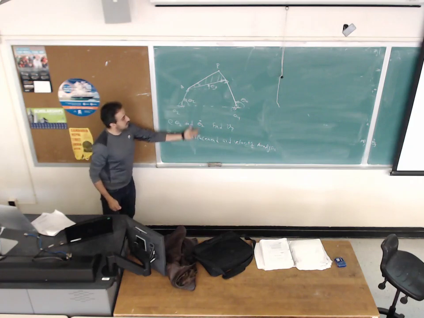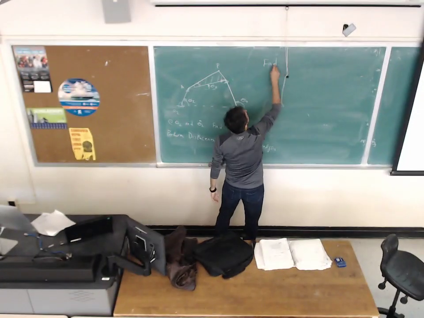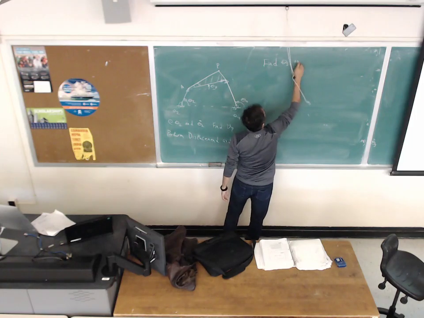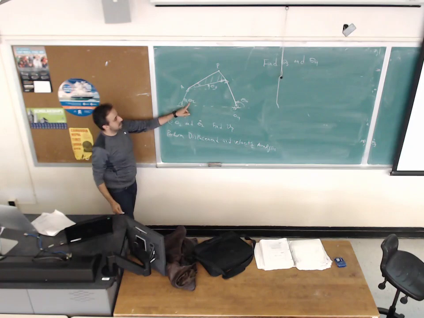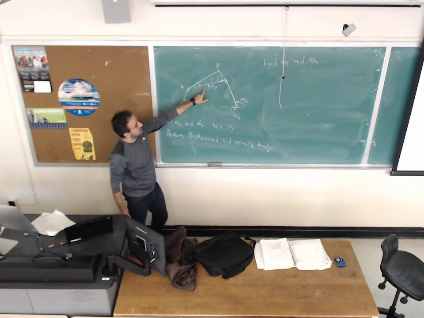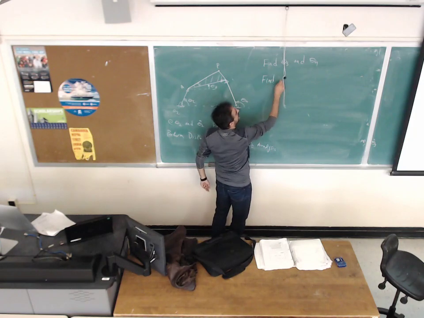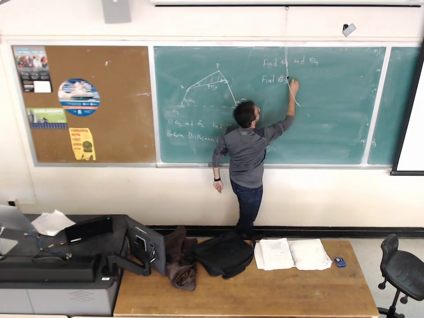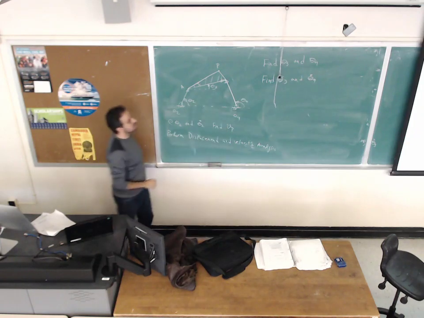When you perform displacement analysis, you find theta 3 and theta 4. Theta 2 is given, you are solving for theta 3 and theta 4. By performing velocity analysis, you find theta dot 3 and theta dot 4. Just put the dot.